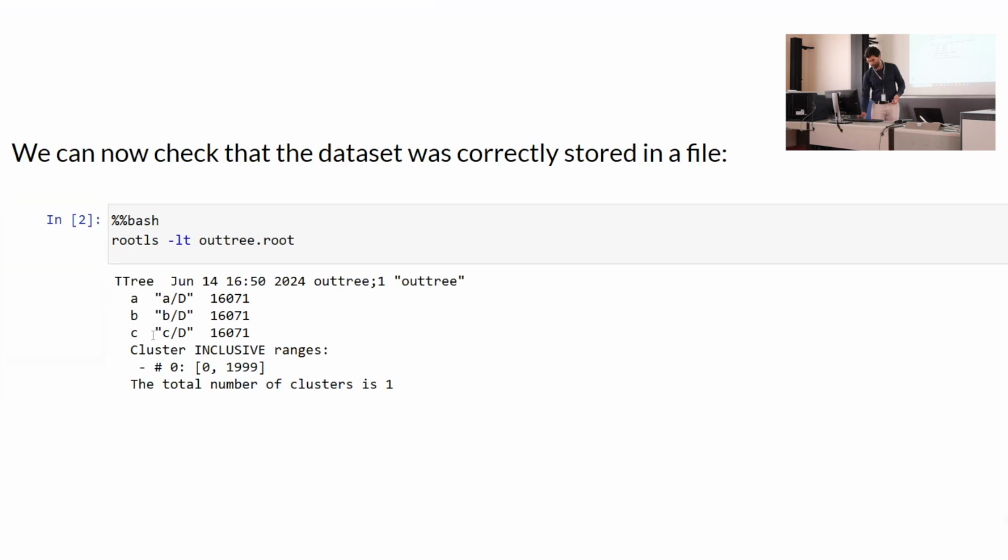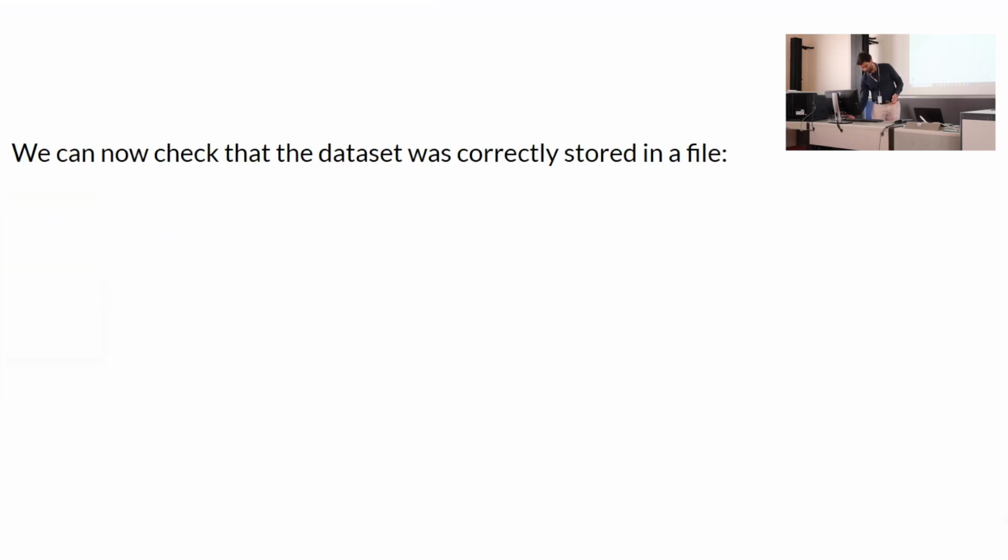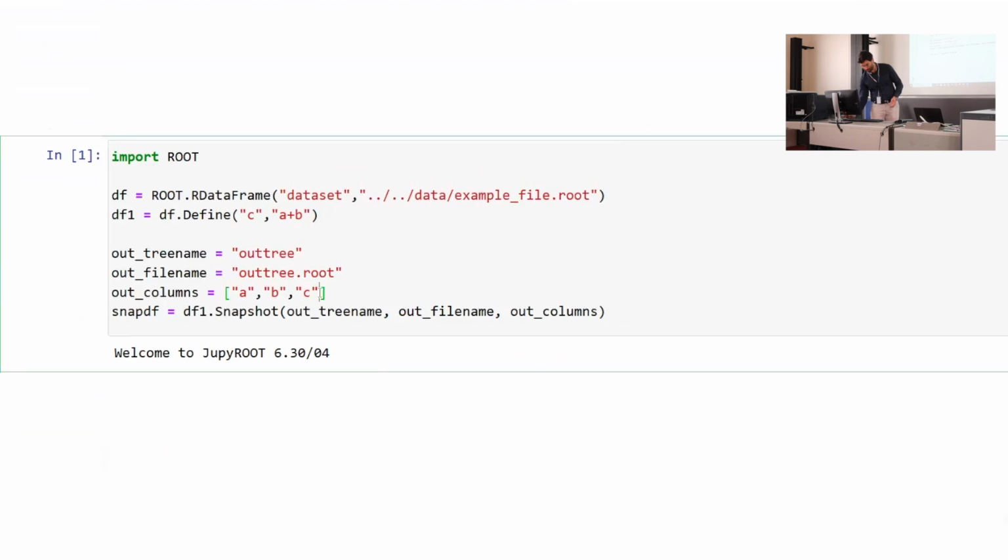If you go back to the previous example here, and you just also write vec1 from the name of the columns of before. Even a better example than this is showing you the fact that by default, this Snapshot operation doesn't need this list of column names. And if you do not provide the list of column names, it will just store all the columns that are available to the RDataFrame up to that point.